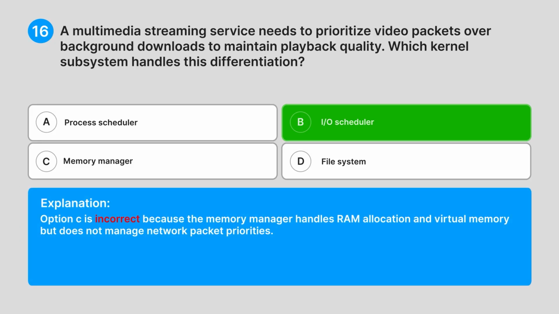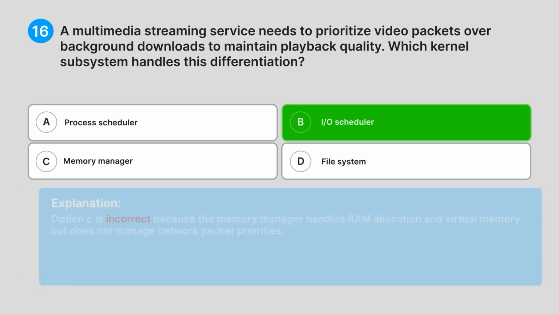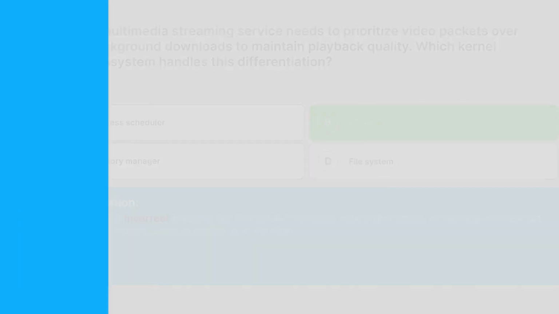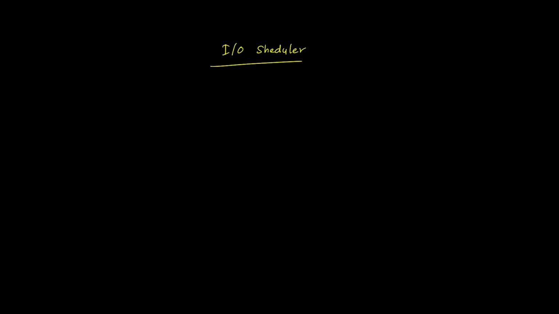Option C is incorrect because the memory manager handles RAM allocation and virtual memory but does not manage network packet priorities. Option D is incorrect because the file system manages data organization on storage devices but does not handle network packet prioritization. The I/O scheduler is the traffic controller for your system's data highways.